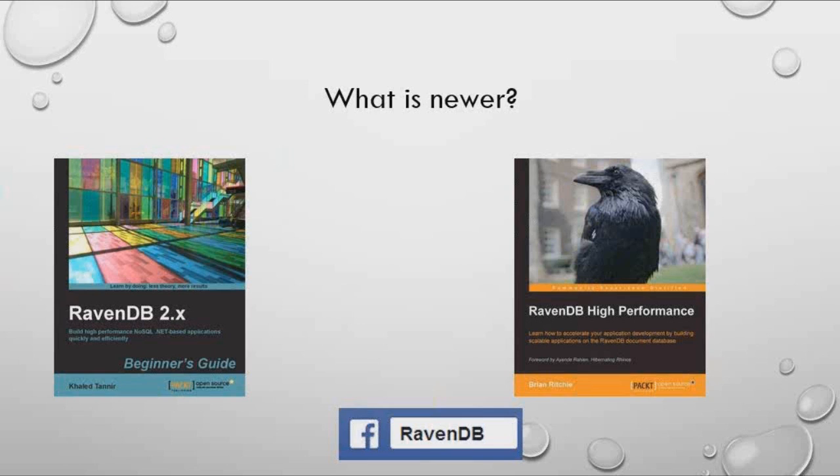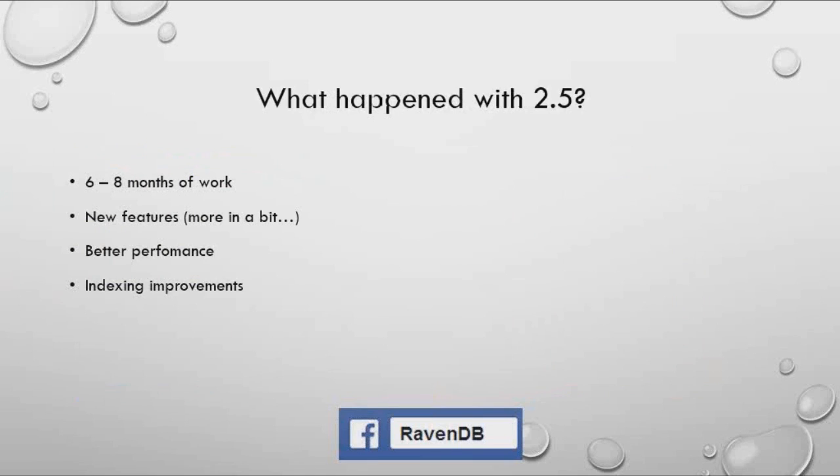The other book is the RavenDB 2.x Beginner's Guide, and I wasn't involved with this book almost at all. It obviously covers the basics and how to go over that. So that's even newer than 2.5.